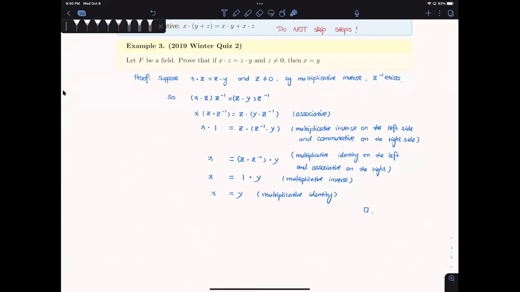Writing like this, yeah, that's okay. You can do it like this. Oh, they meant they are elements of F. They didn't write it down, but that's what they meant.